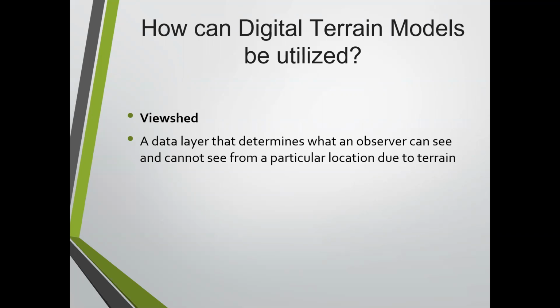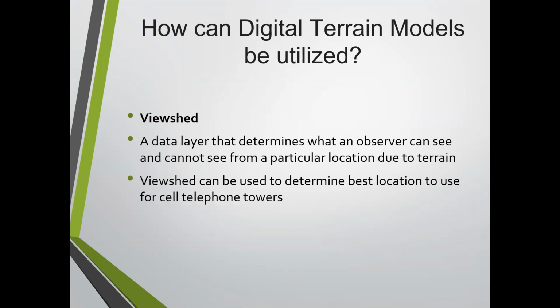You can get that kind of information, but primarily a lot of guys that use this are cell tower developers, because they have to have a line of sight between the cell towers and also the users. So they can pinpoint a location where they want to site a cell tower, and then with this technology you can tell it like how high you're going to be above your site. So how high is your tower, 100 feet, whatever, and then it'll do a calculation and it'll show you basically what it can see from that point.